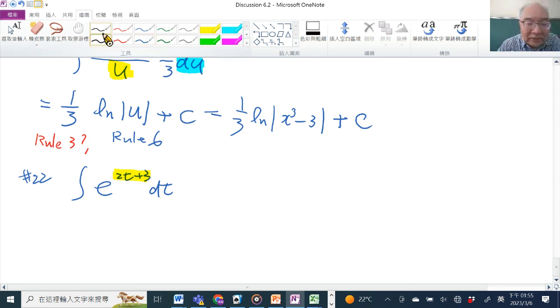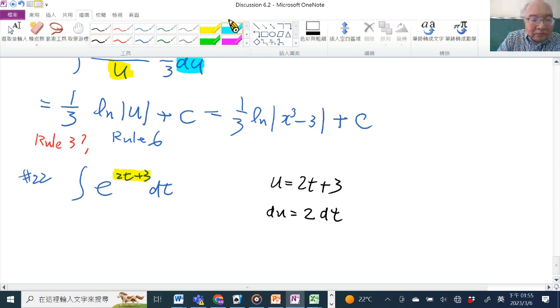So you might say u equals 2t plus 3, and that will give you du equals 2 dt. It happens that dt is here, but not the whole du.